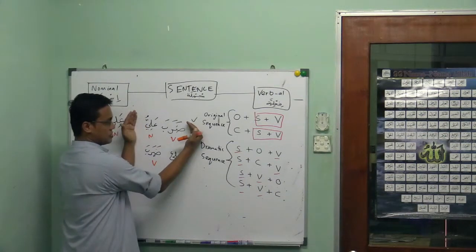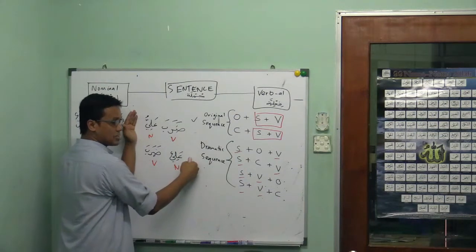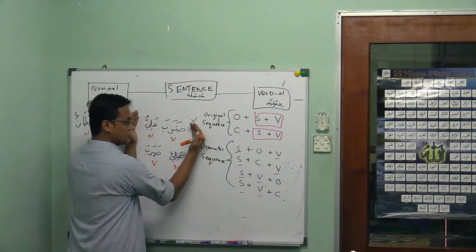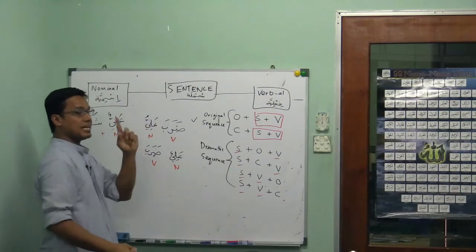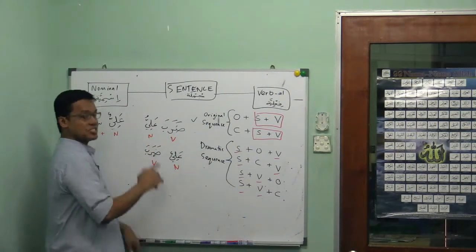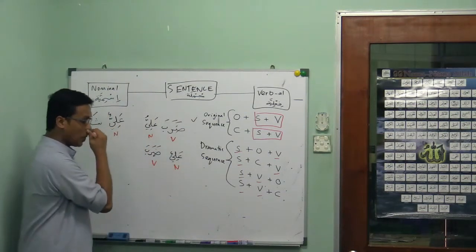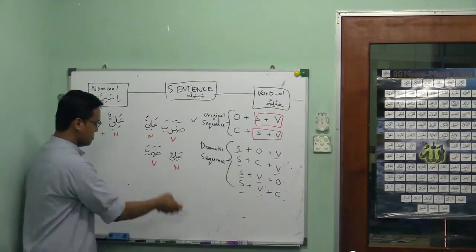Other than this is verbal sentence and this is nominal sentence, what's the difference? The order is different, and that would mean the emphasis is different. The emphasis is on what comes first.